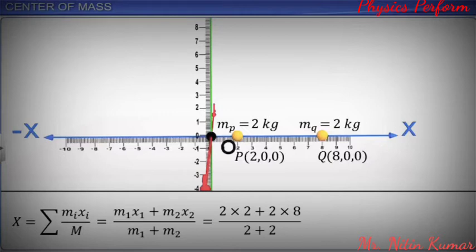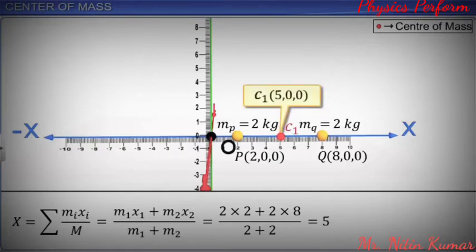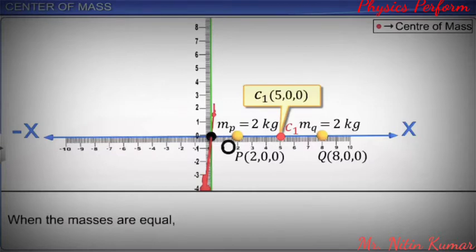The location of the center of mass is C1(5, 0, 0). Note that when masses of both particles are equal, x is the simple average of x1 and x2.